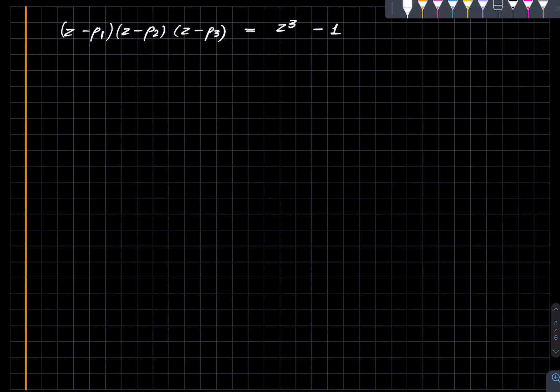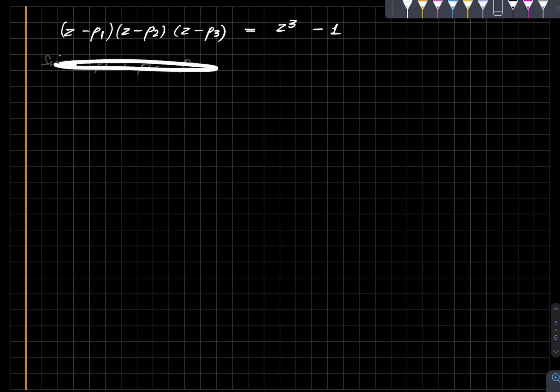We have this. And since p1, p2, p3 are pairwise distinct, why? Because w1, w2, w3 are pairwise distinct, because z1, z2, z3 are pairwise distinct. I mean, we do not really need to make that comment actually.